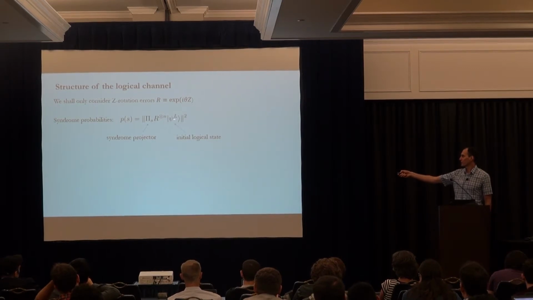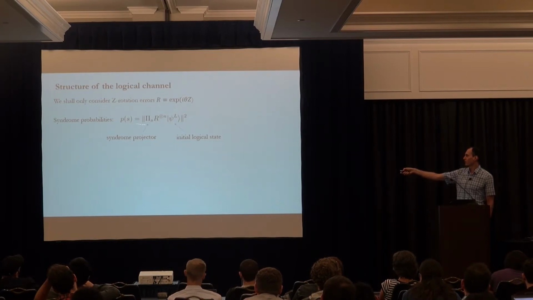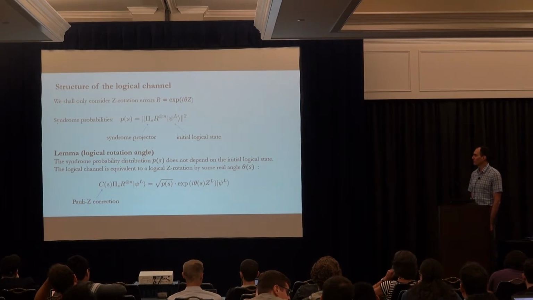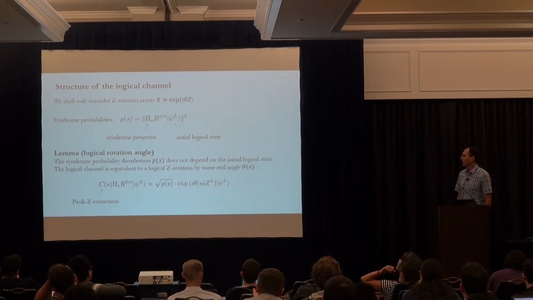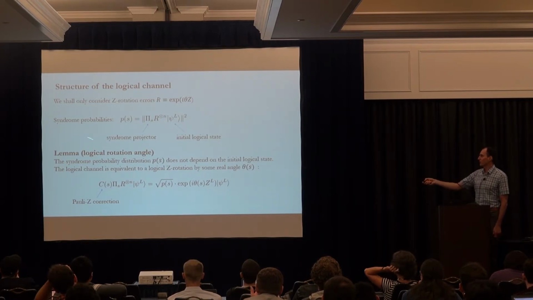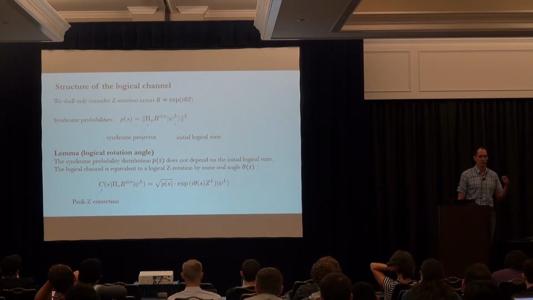We start from some initial logical state, apply this coherent Z-rotation error, and then measure the syndrome. This determines the syndrome probability distribution. It turns out that this syndrome probability distribution does not depend on our initial logical state.